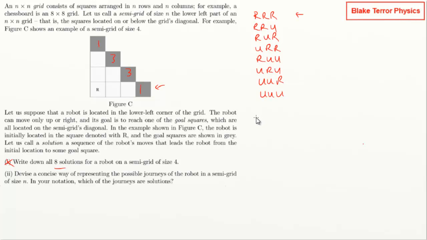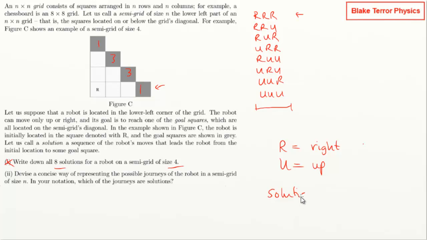Yeah, I'm not really sure what they're getting at here in this question. Which of the journeys are solutions? So we've got a string of, I mean, do they want us to say it has to be length 3 in this case? Maybe that's what it is, and this is for a semi-grid of size 4. Maybe that's what they want. I don't know. R equals right, U equals up.